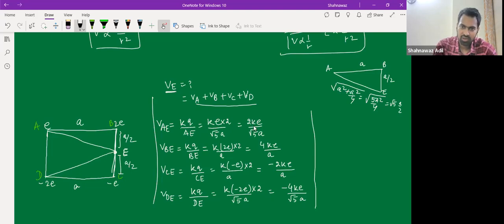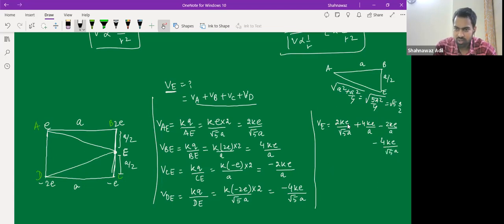Yes, sir. Now we have to just add them. So VE would be simply 2kE by root 5a plus 4kE by a plus minus 2kE by a and minus 4kE by root 5a. Right.